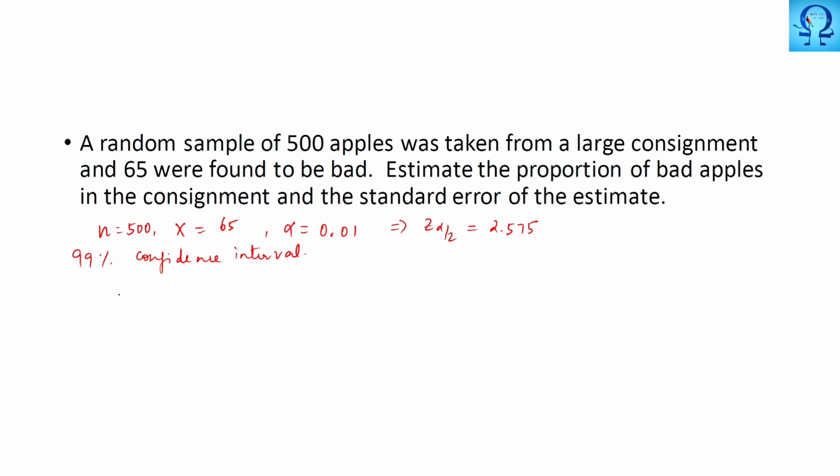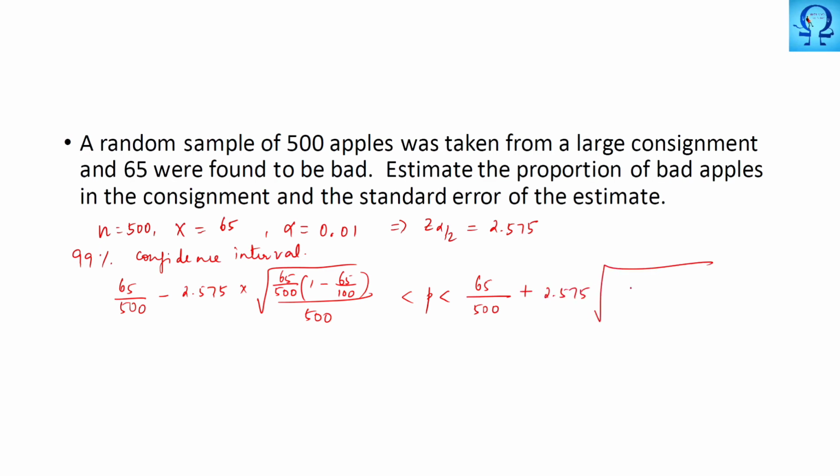It is x upon n, right? So 65 upon 500 minus z alpha upon 2 multiplied with the square root of x upon n times 1 minus x upon n, divided by n, which is less than p, which is less than 65 upon 500 plus z alpha upon 2 multiplied with the square root of 65 upon 500 times 1 minus 65 upon 500, divided by 500.